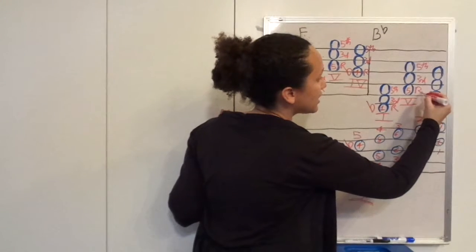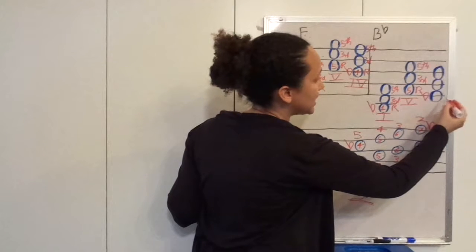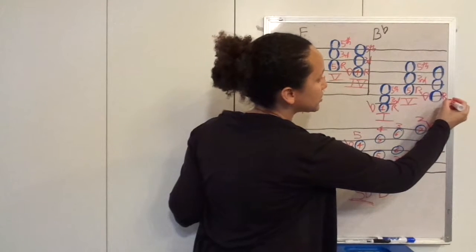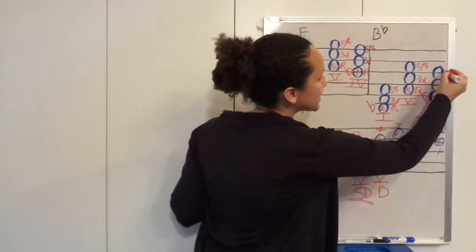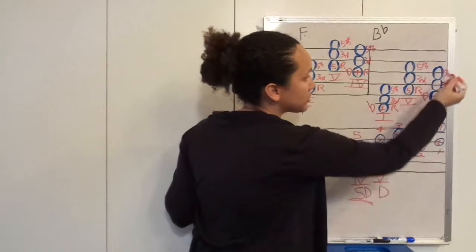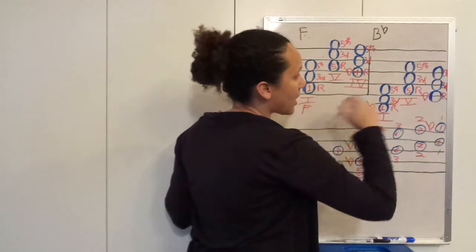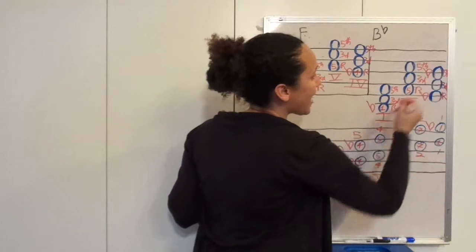Here we are. Now for E flat, we have to make sure that we add in the flat for the E. That gives us our root. I'm going to squeeze him in. We skip up to G. We get a 3rd. We skip up to B. We get a 5th. I can't squeeze him in. Just pretend that says 5th. But remember, the B is flatted, so I'm going to go ahead and add in our flat.